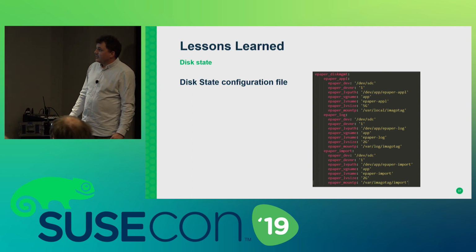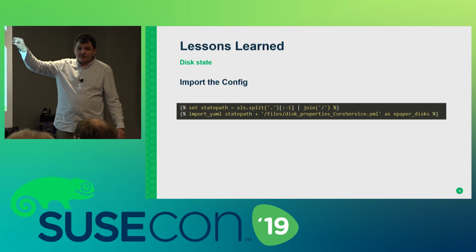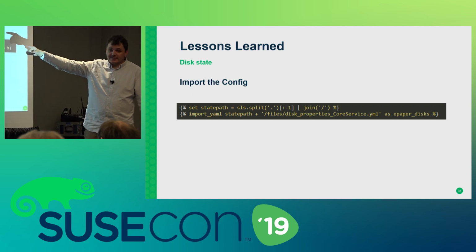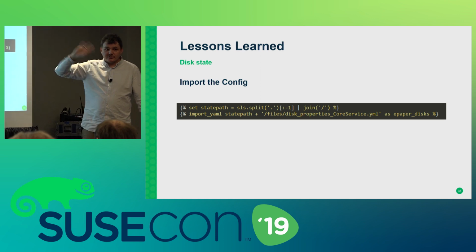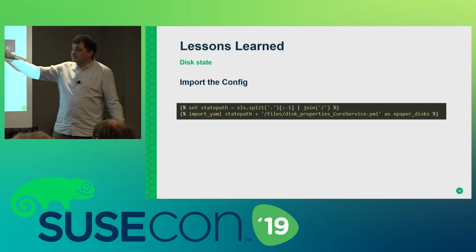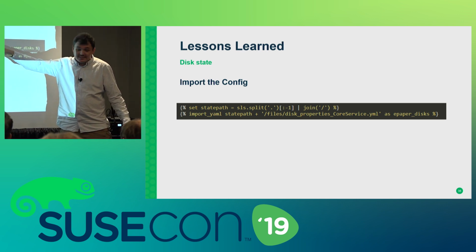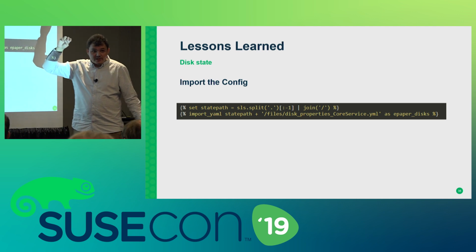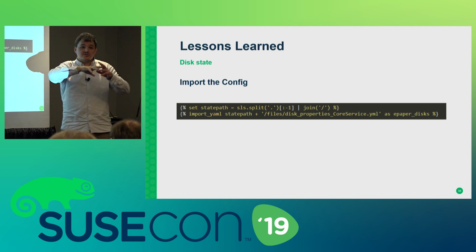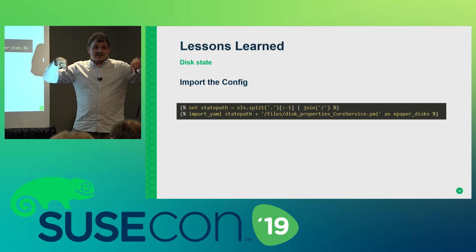Okay, next one, please. The first thing we do is an import of that for the state path. The first line is something we use in a lot of Salt states because we want to move them around in a tree, and this is just a relative import path. This sls you see, so you set state_path as the variable. The sls is like a global variable you can use in Salt, which is basically the path of the whole state file you're in, including the state file name without .sls.